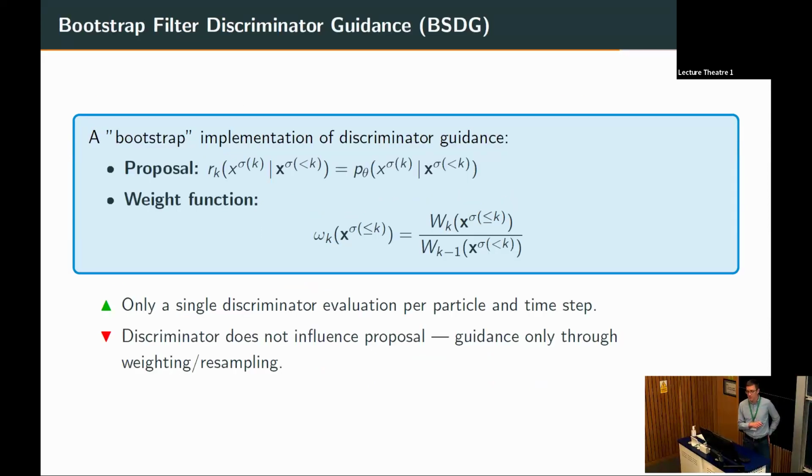One is based on something similar to the bootstrap filter, where we simulate according to the generative model itself, and we use the discriminator just to compute importance weights. This is nice because we don't have to evaluate our discriminator for all possible candidates of the x_k value that we want to sample. There's only one discriminator evaluation per time step. But the downside is that the discriminator that we have learned only influences the weight function and not the actual proposal.